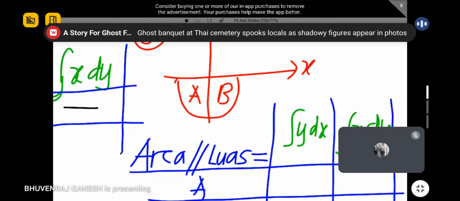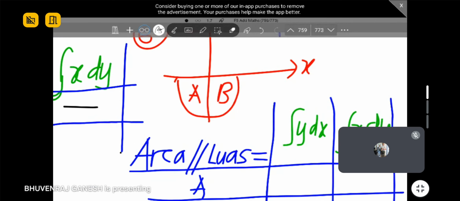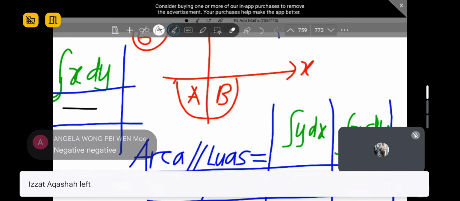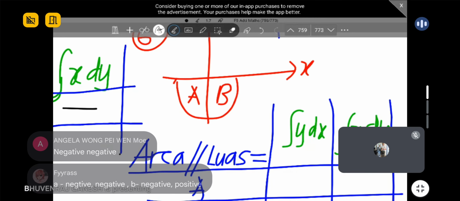So, you will understand already. Easier. So, anyone? Apa luas dia? Okay? Alright. Wah, kamu terus jawab semua.